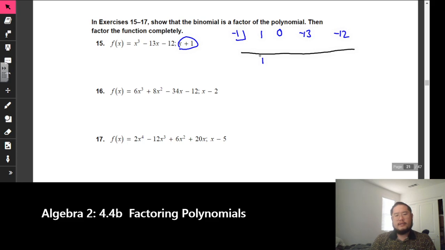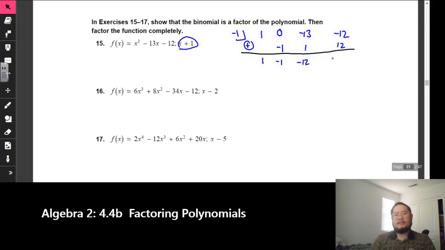Once again, remember, we are going to be multiplying that by what's inside the top corner. So 1 times -1 is -1. We add things up: 0 plus -1 is -1. Then we have -1 times -1 gets us +1. -13 plus 1 is -12. Next up, we take the -12, multiply it by -1, and we're left with +12.